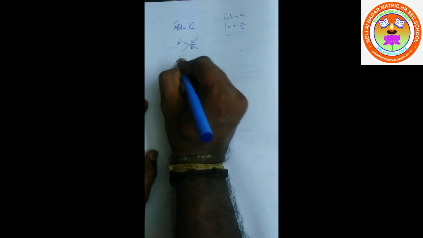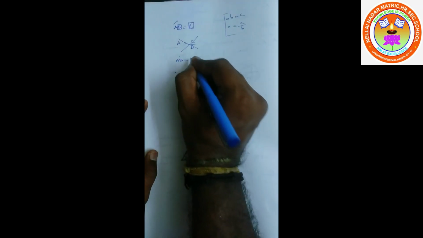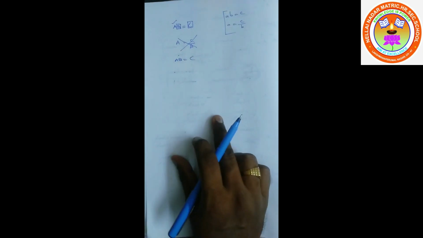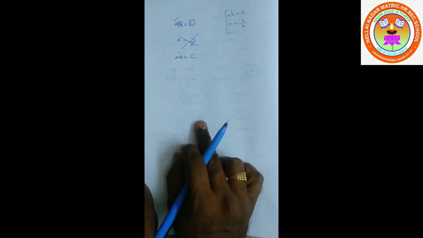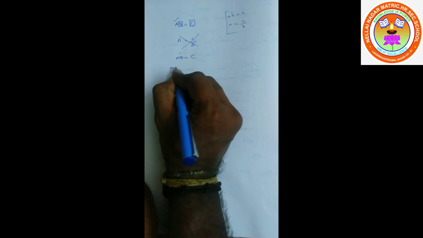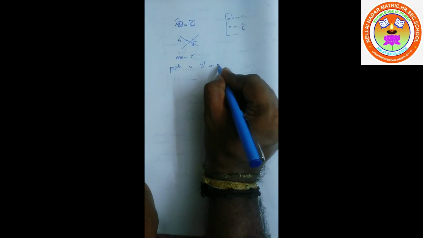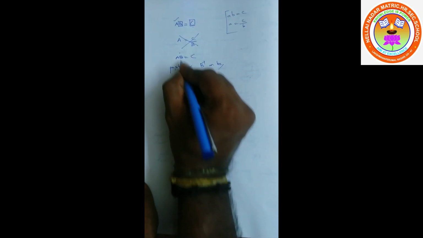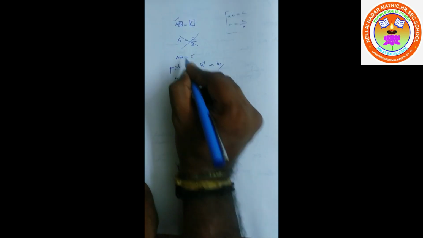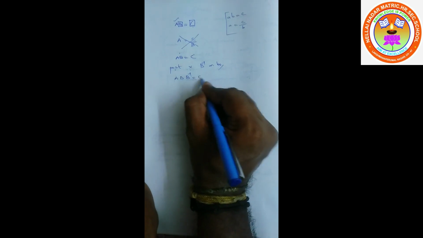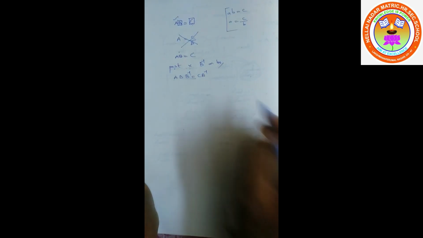But I need to take B to this side. So AB is equal to C. To remove B, I need to post multiply by B inverse on both sides. Post multiply means B inverse comes this side: C into B inverse.